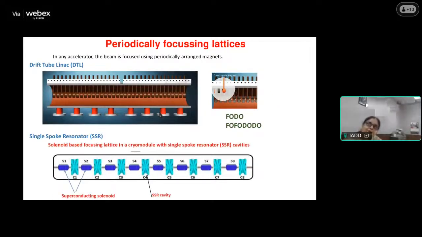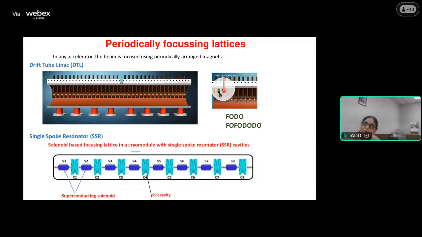This happens because all focusing lattices in the accelerator are periodic. Periodically the beam is focused using periodically arranged magnets. Because of this, the resonances arise. For example, let's consider a drift tube Linac. In the drift tube Linac, we have various drift tubes, and quadrupoles are used for focusing the beam.